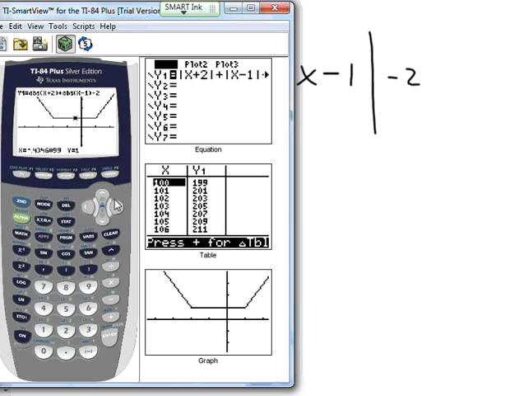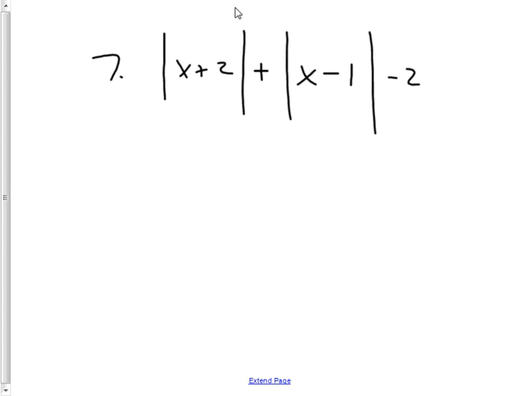It appears to be 1, 1, but I'll see. 0.98. Oh yeah, that's got to be 1, comma 1. Okay, so those are my 2 important spots on that. And then it increases from there, so from 1 to infinity. Okay? All right. And I think that's all we have for today.